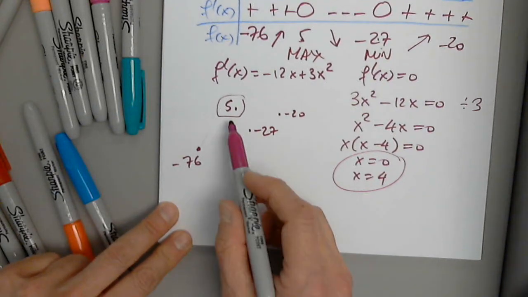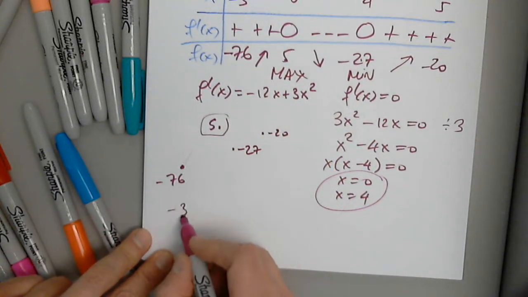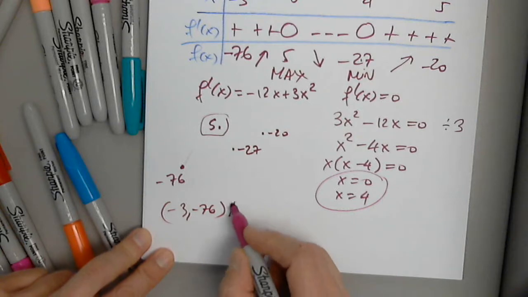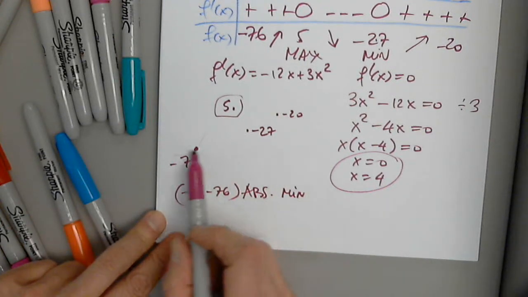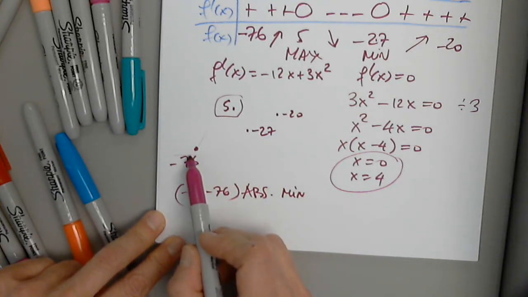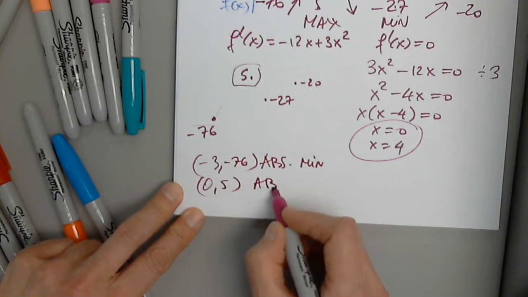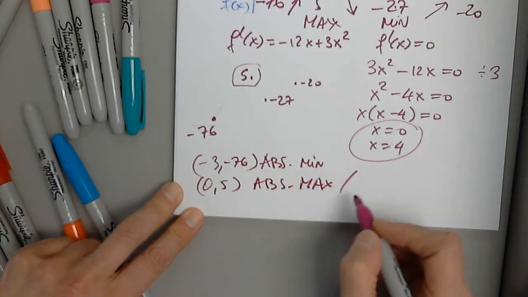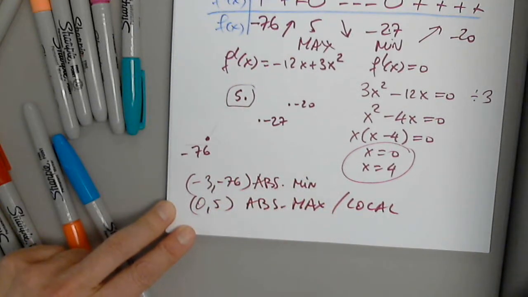So I'll start from left to right. -3, -76 is definitely the absolute min. There is no other value lower than it. It cannot be local because it's at the endpoint of the interval. Positive 5: so 0, 5 is the absolute max, but also local because I can show the open interval.